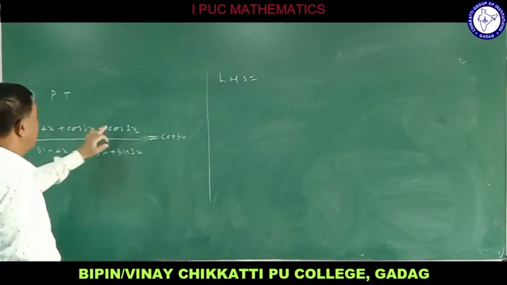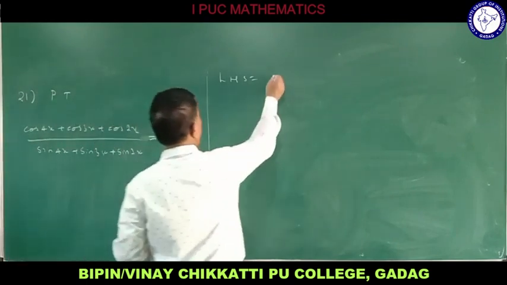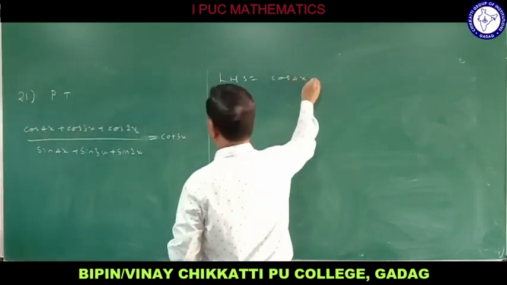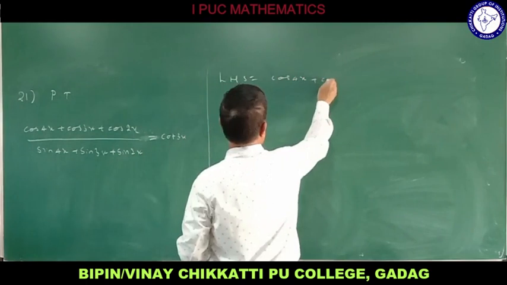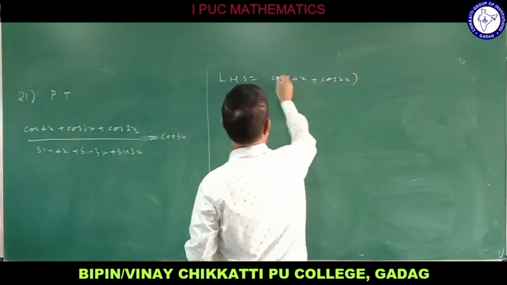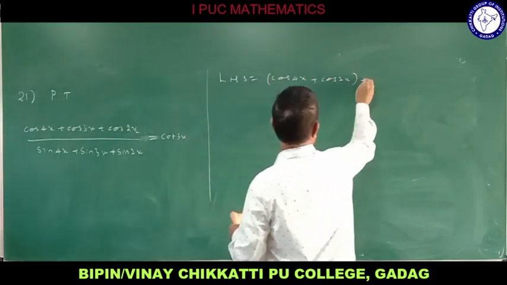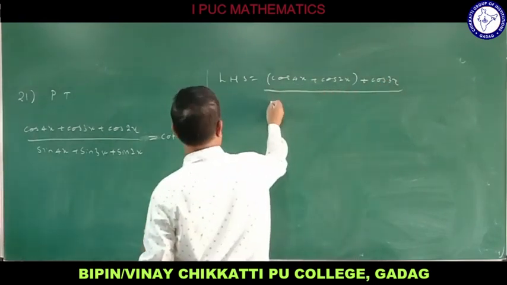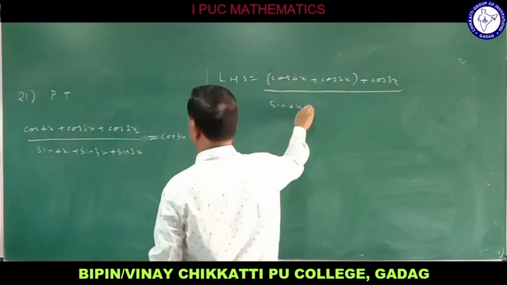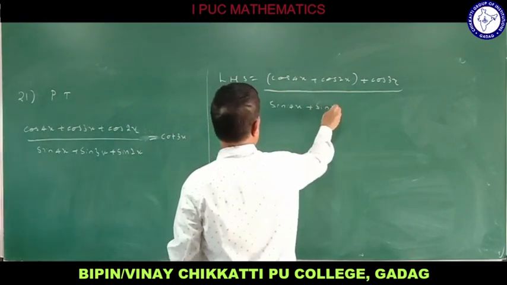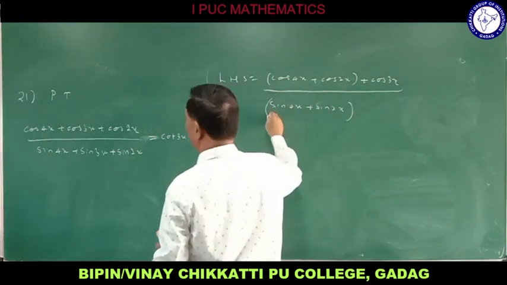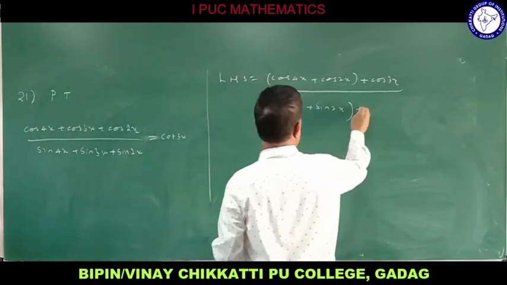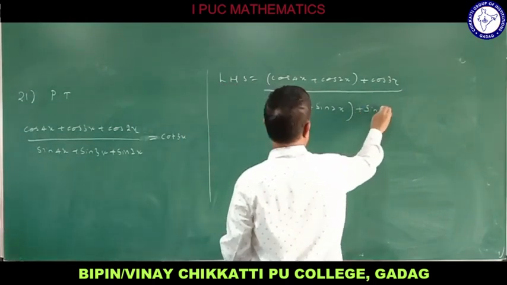So 4 plus 2: collect cos 4x plus cos 2x together, and take the rest, plus cos 3x, later on. Similarly, sin 4x plus sin 2x in a bracket, plus sin 3x.